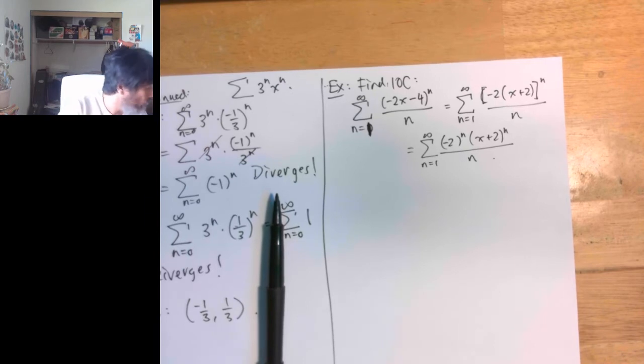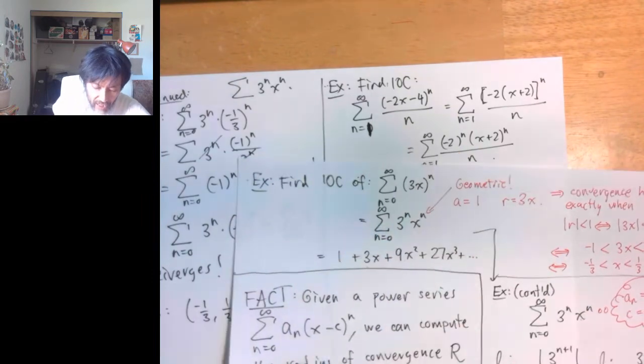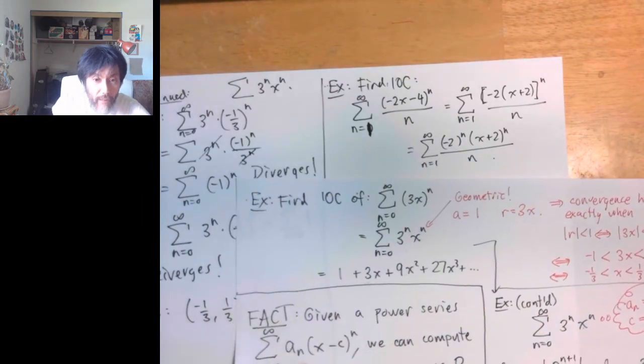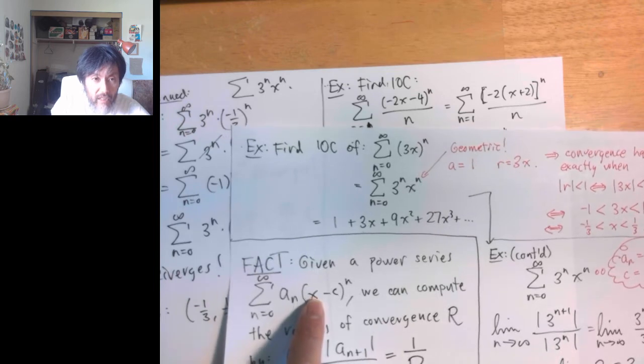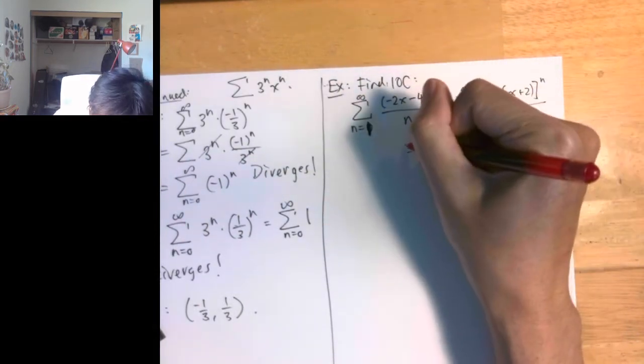Now, I claim we are now in compliance. This is now clearly a power series, okay? And it's in compliance with what we've got here in the fact. What's playing the role of a sub n here?